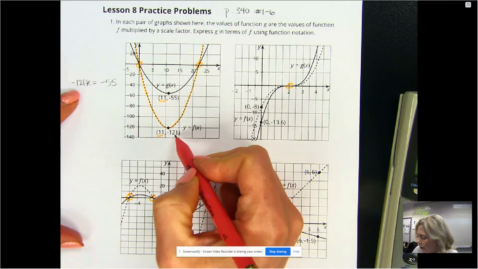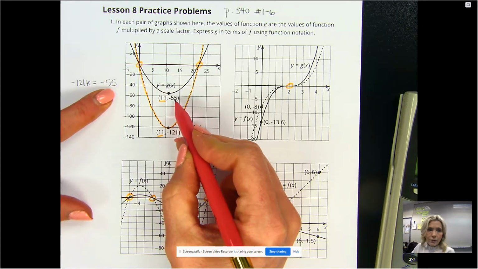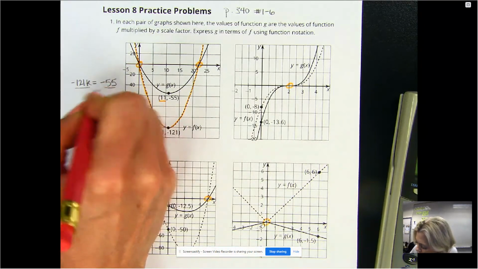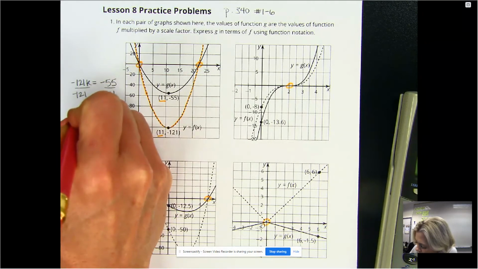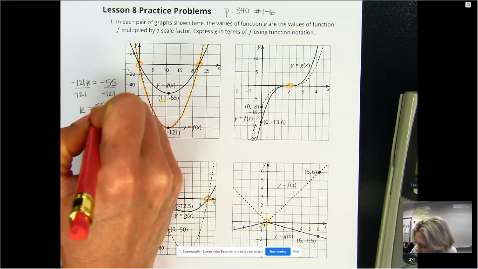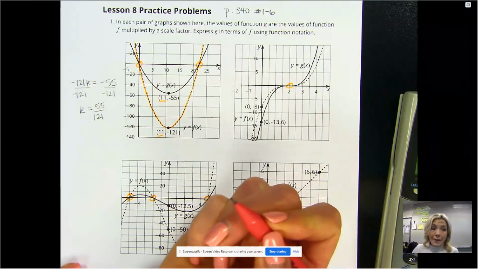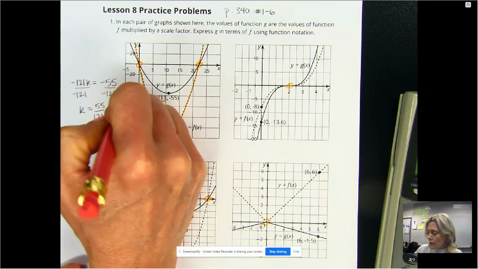So that's the y value from our original function times a scale factor is equal to the y value of our new function. And so we just have to divide by negative 121 to figure out what that is. And we get positive 55 over 121. Those numbers can both be divided by 11, and so this fraction reduces to 5/11.